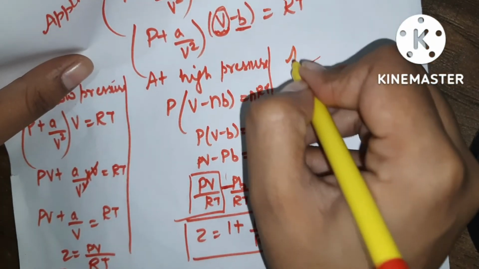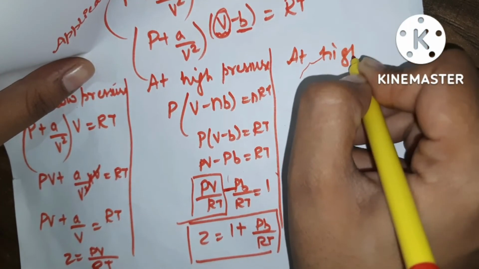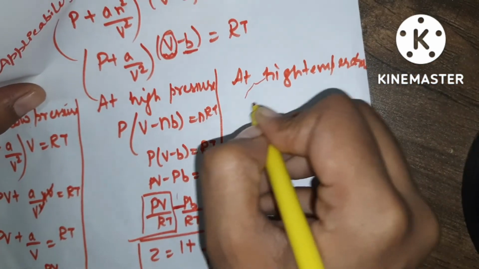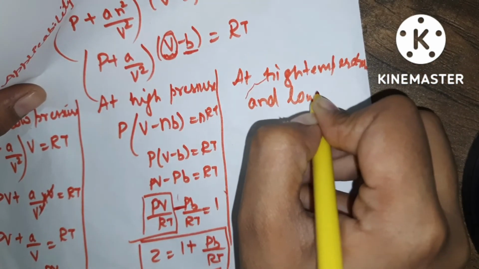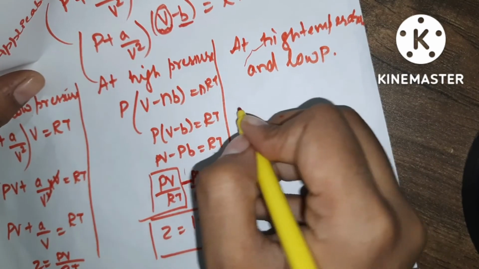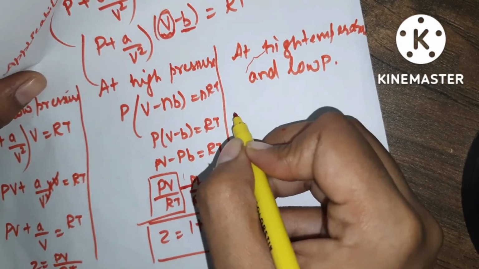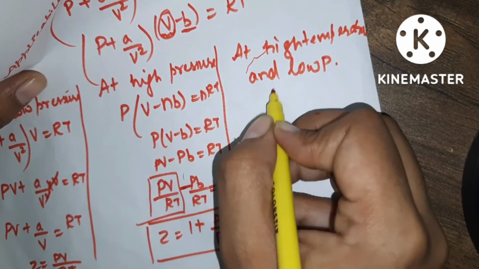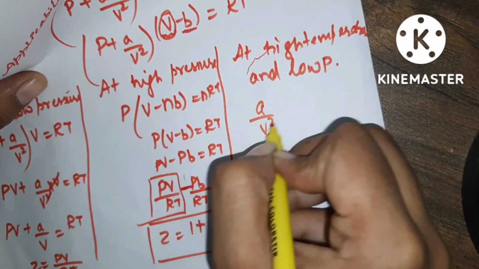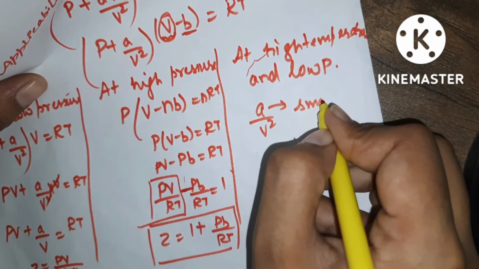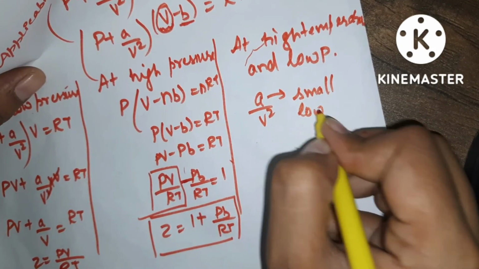At high temperature and low pressure, volume is large, and we can neglect a/V² because the attractive forces are very small at low pressure.